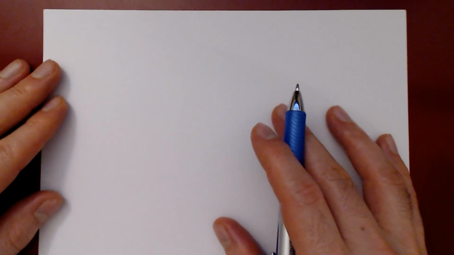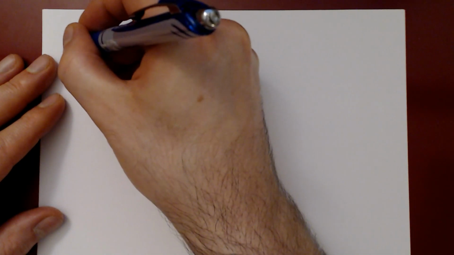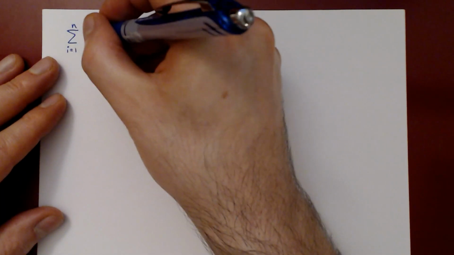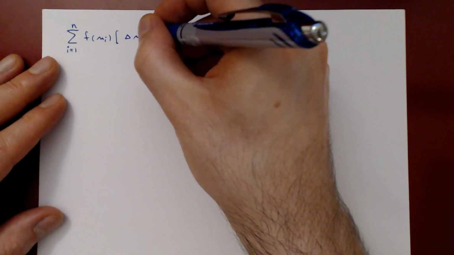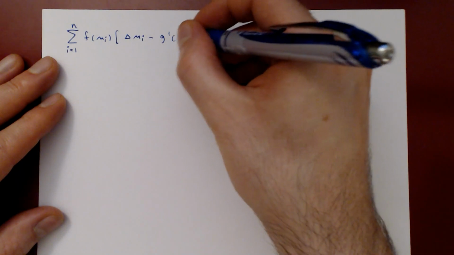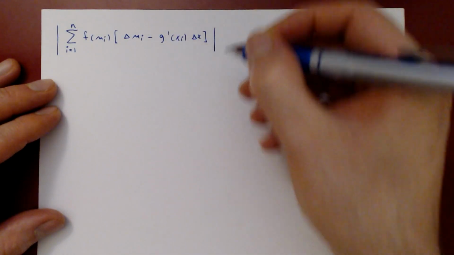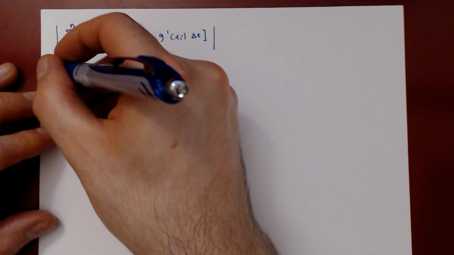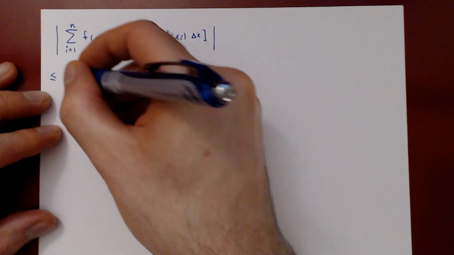Let me rewrite it. And we will take the absolute value of this expression. Now by the triangle inequality, the absolute value of a sum is at most the sum of the absolute value of the individual terms.